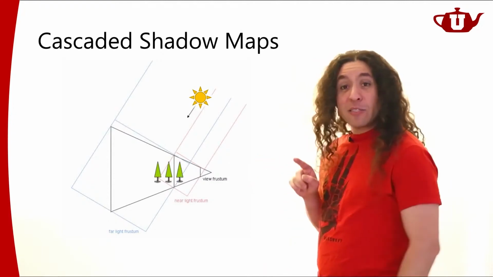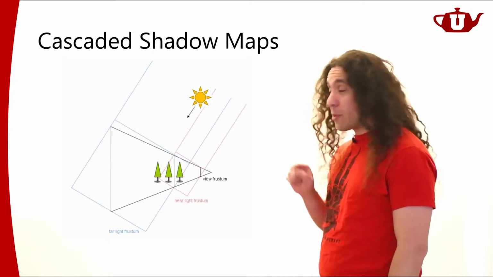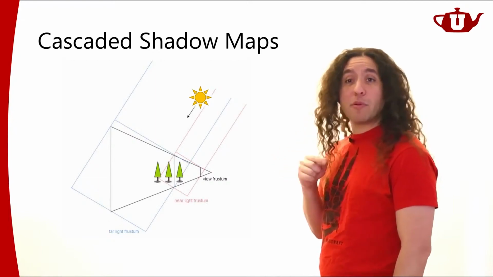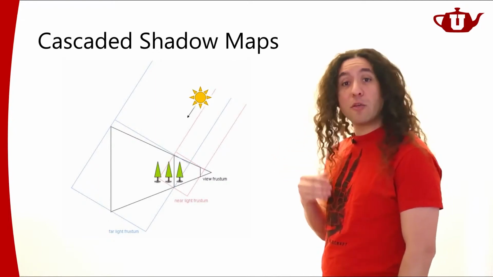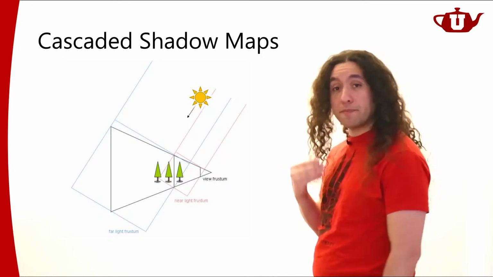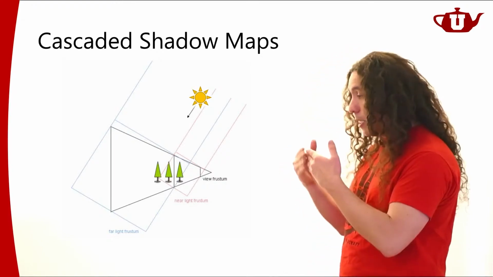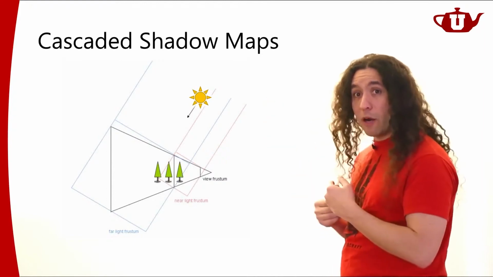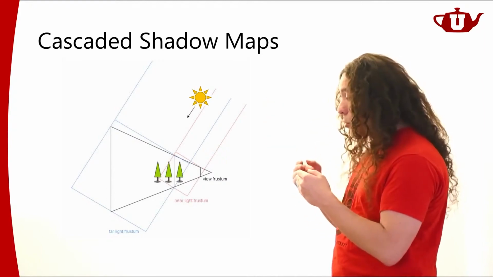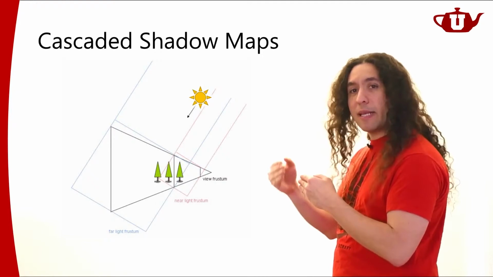All right. So what I'm going to do is I'm going to split this scene into multiple pieces using my view frustum. So starting with the near plane all the way to the far plane, I'm going to separate the scene into segments.